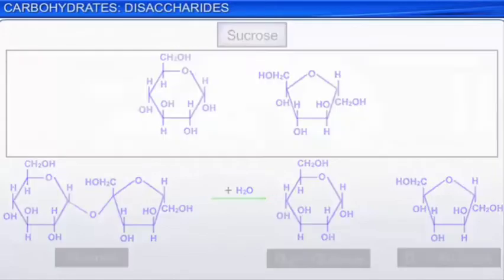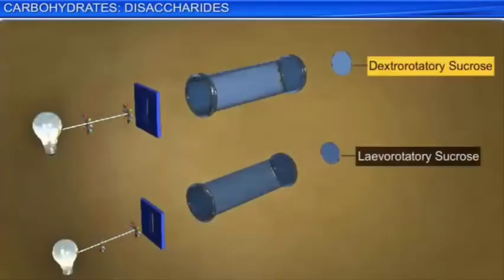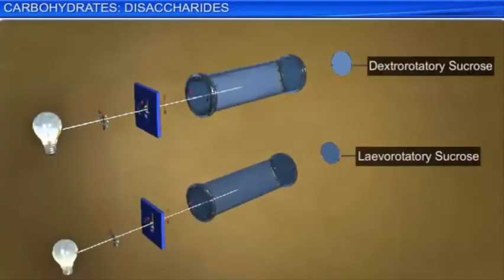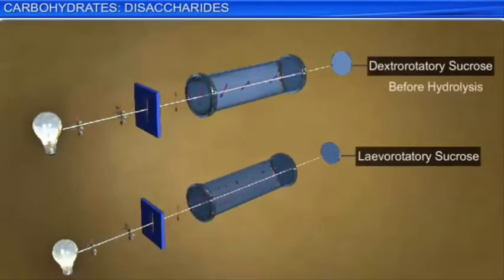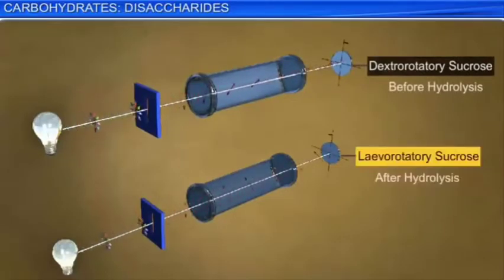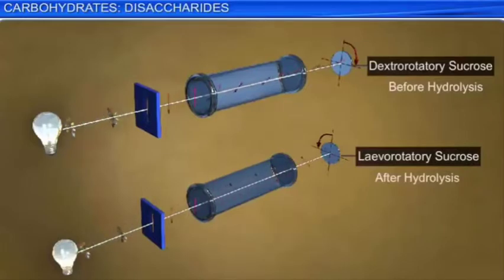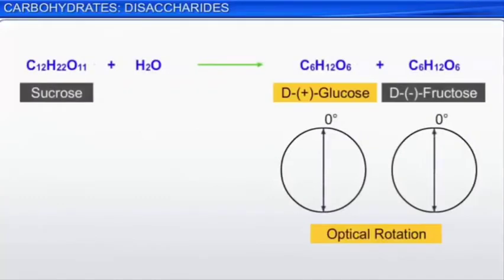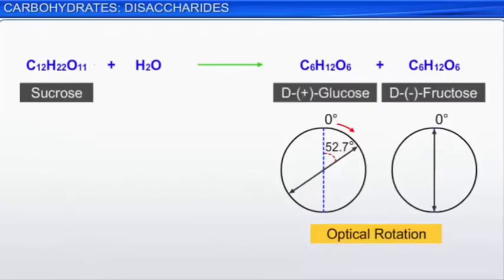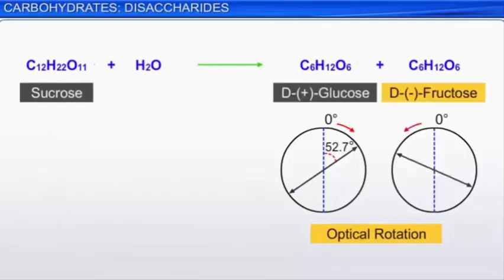Solutions of sucrose are dextrorotatory, but when sucrose is hydrolyzed, it becomes levorotatory. There is an explanation for this anomaly. The optical rotation of D-glucose is found to be +52.7 degrees, and that of D-fructose is -92.4 degrees.